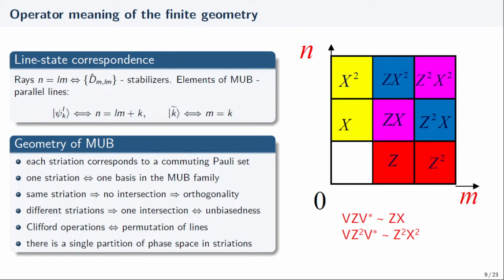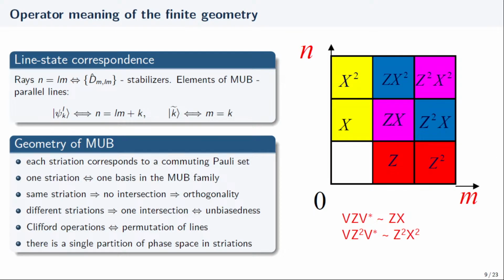For instance, here is the same square. So along, for instance, this ray, what operators do we have? Z and Z square, 0, 1, 2. This is x and x square, this is the 45-degree operator, zx, zx square, and the fourth ray is this.